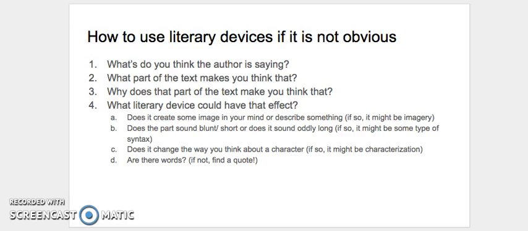Is it that it shows some emotion that the reader should have towards the topic? That will lead you towards deciding what literary device could have that effect. So let's run through some examples so that this process is more clear.